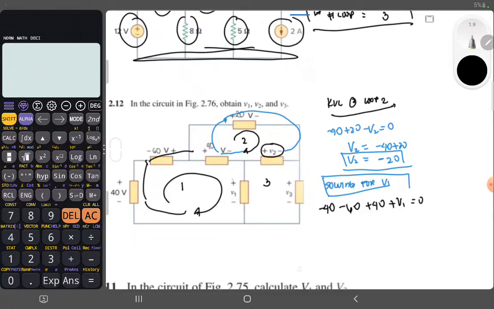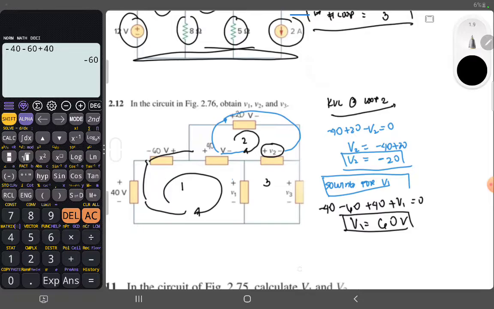So, from here, negative 40 plus 40 is 0. So, therefore, V1 is equal to 60. So, try natin yung i-verify sa ating calculator. We have negative 40 plus negative 60, plus 40. Okay? This is negative 60 plus V1. Transpose natin, magiging positive 60 volts.